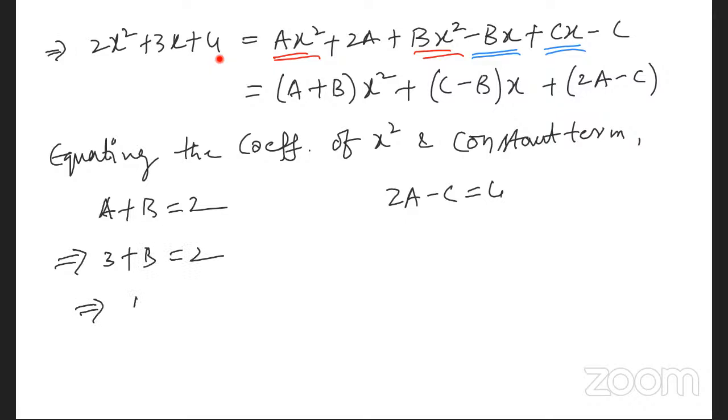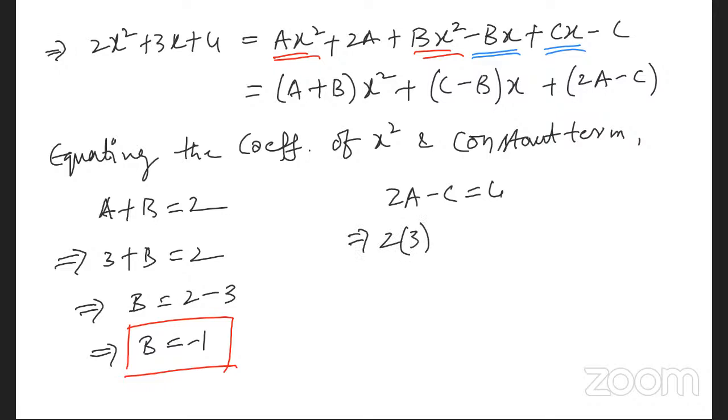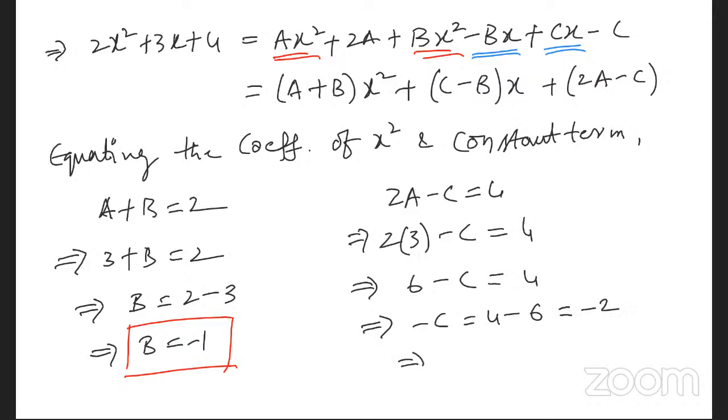This implies B is equal to 2 - 3, so B is equal to -1. And let us simplify this one. 2 into 3 - C is equal to 4. This implies 6 - C is equal to 4. This implies -C is equal to 4 - 6, which is -2. So this implies C is equal to -2.